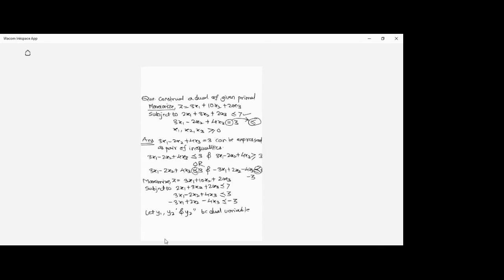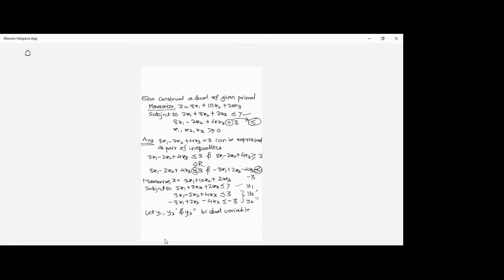Here y1 is related with constraint 1, y2 dash with the second constraint, and y2 double dash with the third constraint, right?